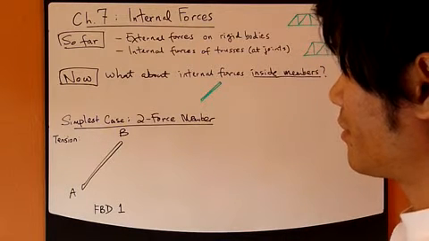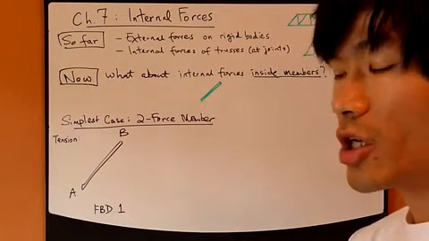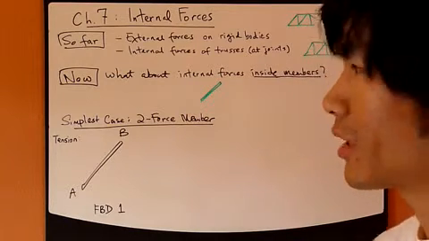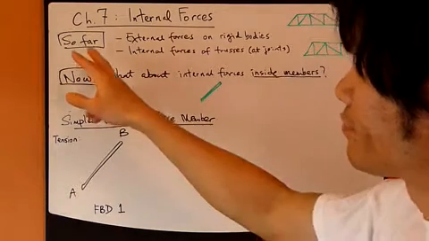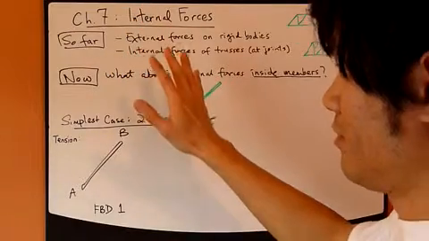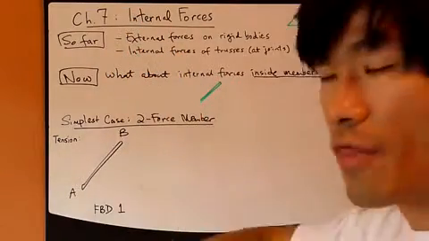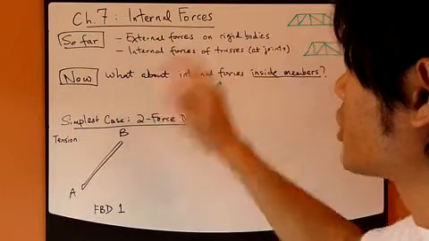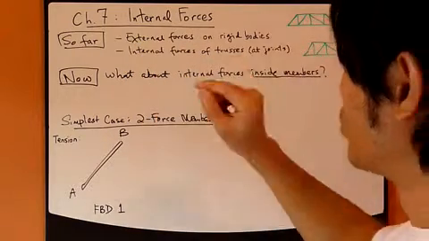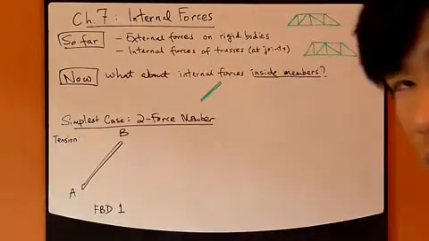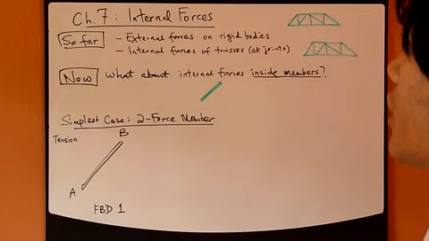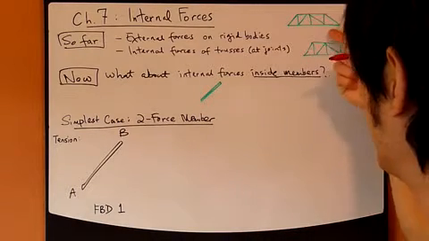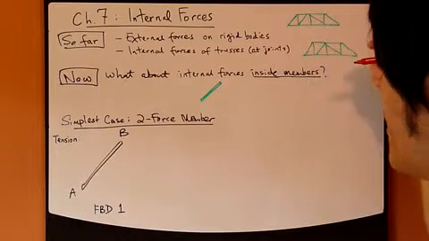Chapter 7 discusses internal forces. Now let's look at it more closely. So far, what we discussed, from chapter 1 through chapter 6, is concerned with external forces on a rigid body. For example, take a truss like this.